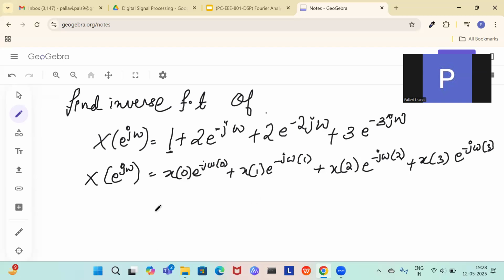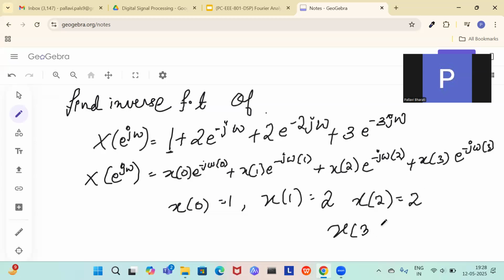So what you get: x0 is equal to 1, x1 is equal to 2, x2 is equal to 2 again, and x3 is equal to 3. This is your x[n], the inverse Fourier transform for X(e^jω).